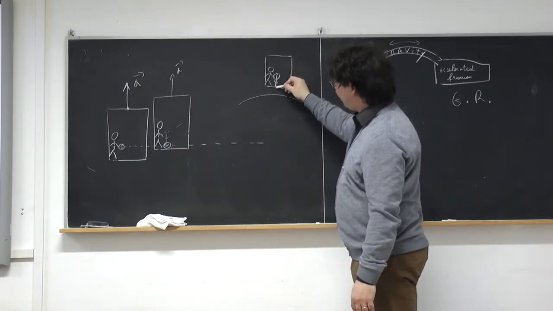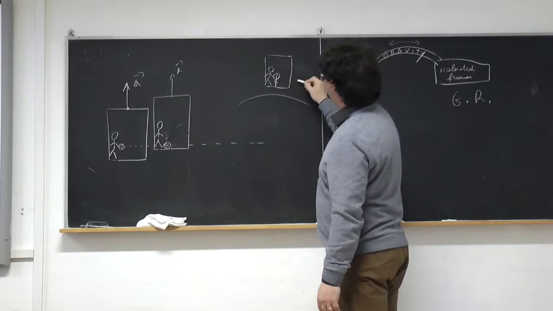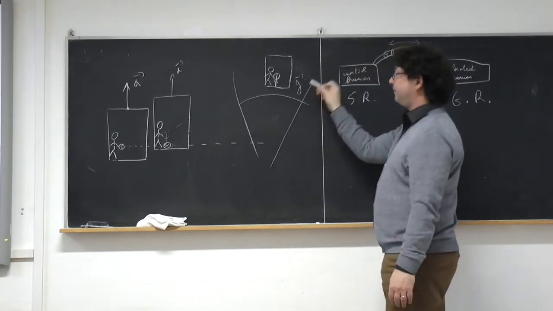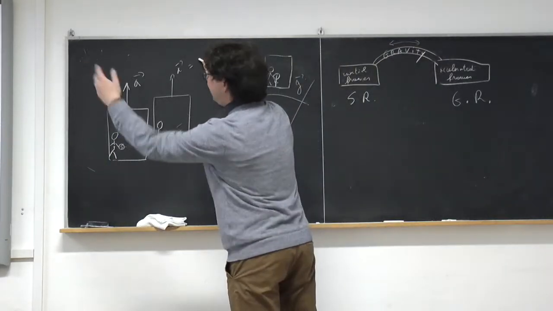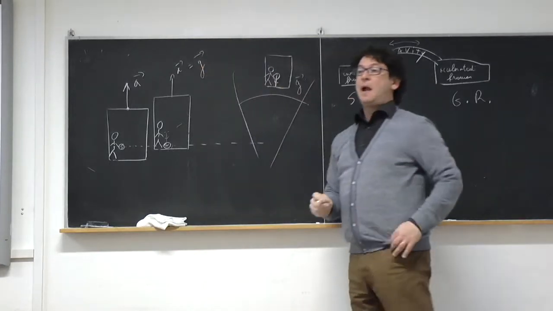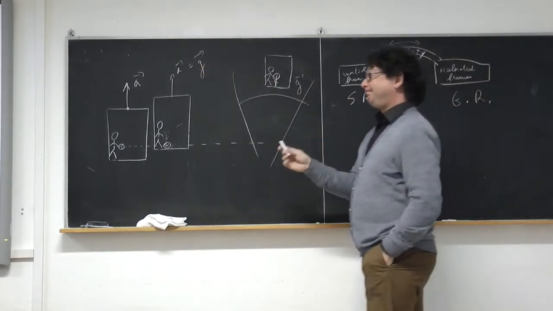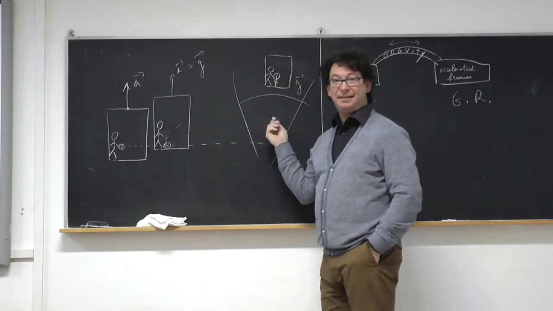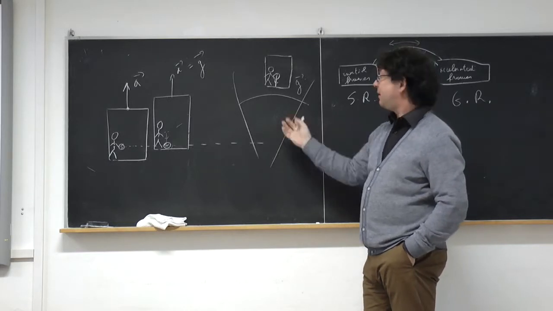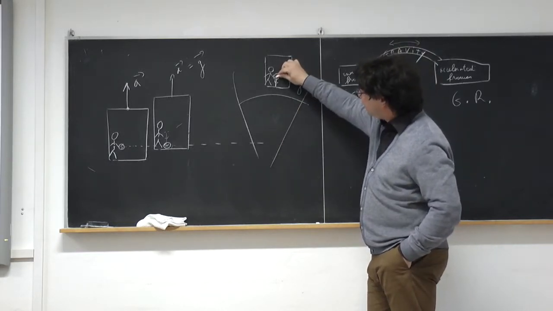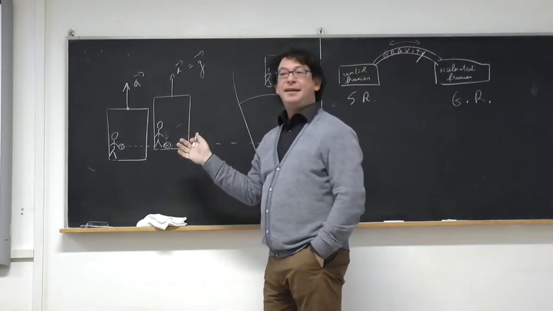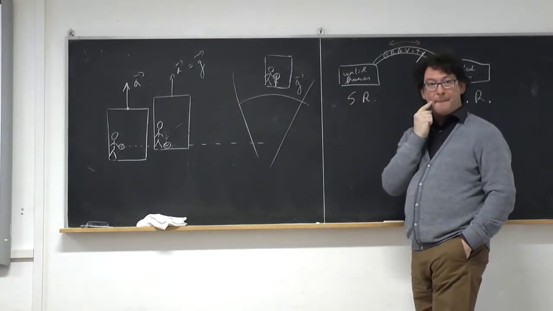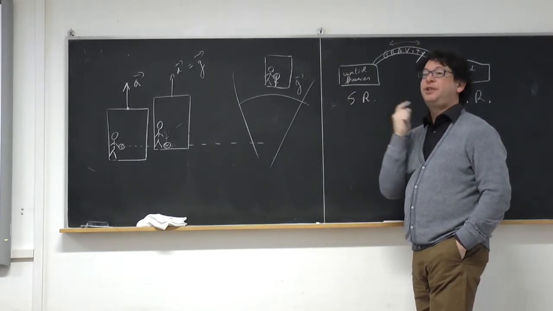This object is accelerating down, and if you have a gravitational acceleration close to this planet equal to g, and if a is equal to g, then this guy here cannot tell whether he is close to a planet which generates a gravitational field acting on this object, or whether he is in an accelerated system. Yeah? So you can't tell the difference.